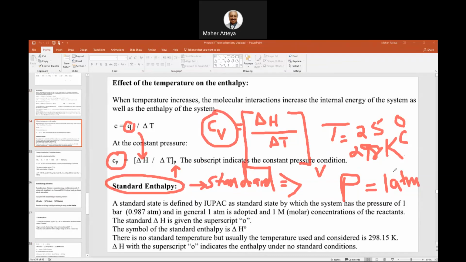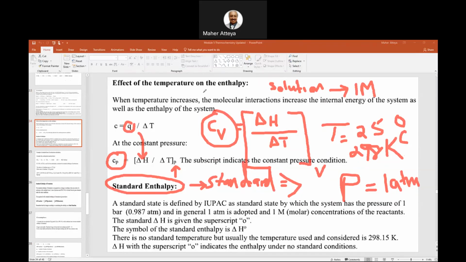So if I'm dealing with solutions, don't worry about it. I don't think it will come. But in 1212, if you are dealing with solutions, then you have to have 1 molar. So a solution will have 3 conditions.